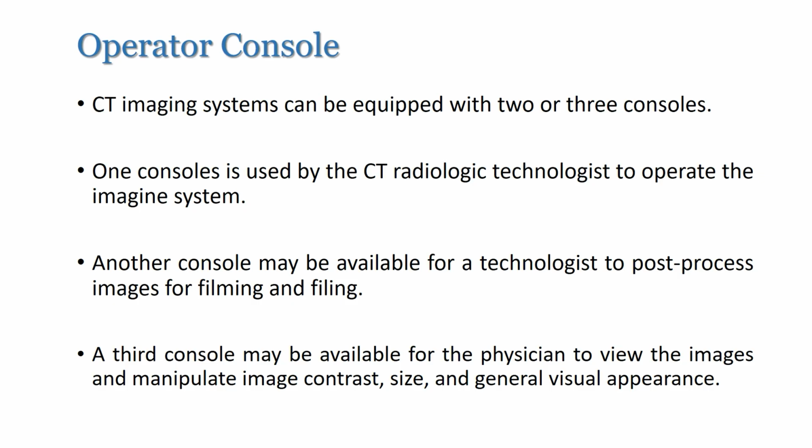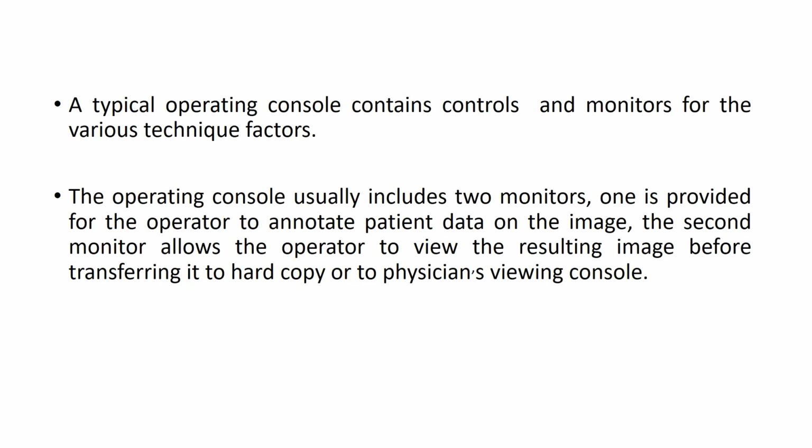Another console may be available for the technologist for post-processing images, for filming or filing. The third console is an important console, used by the physician for interpreting the CT images. He can manipulate the image contrast, image size and general view appearance.